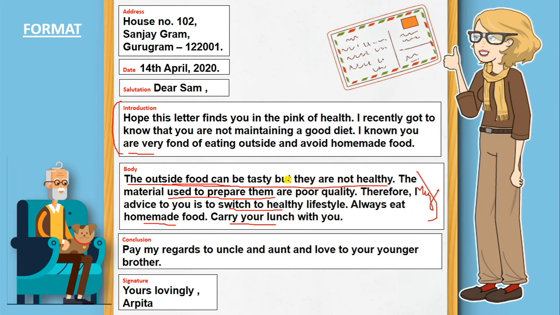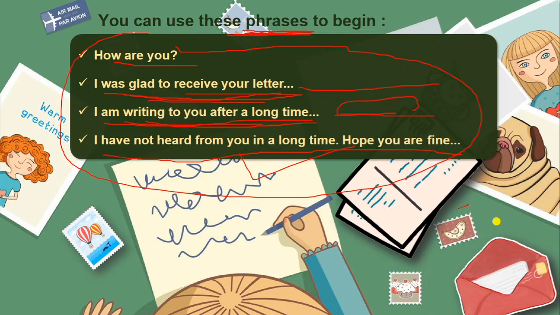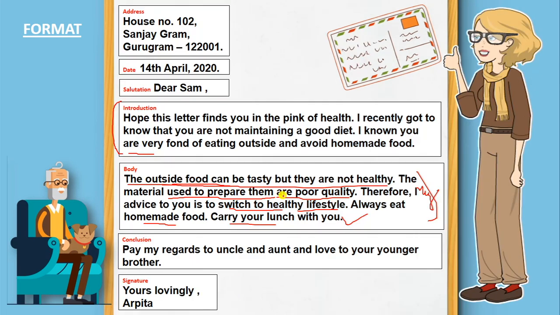Make sure that you do this, especially in the body part. You can write about whatever is asked in the question. The question asks you to first tell him about the harmful effect and then advise him, and you have done both of these things in the body.